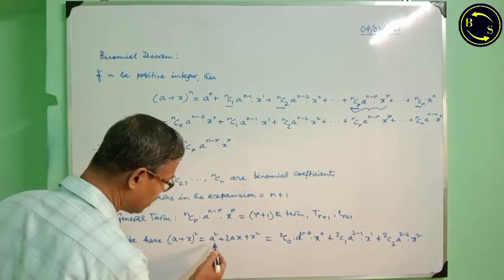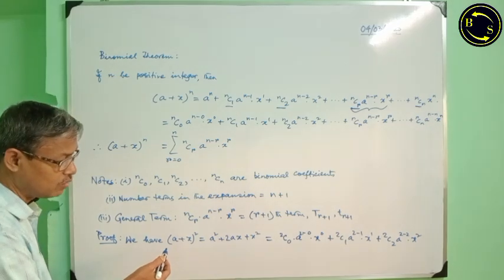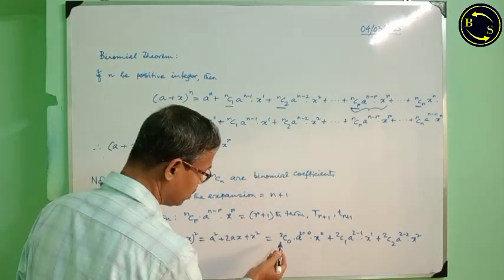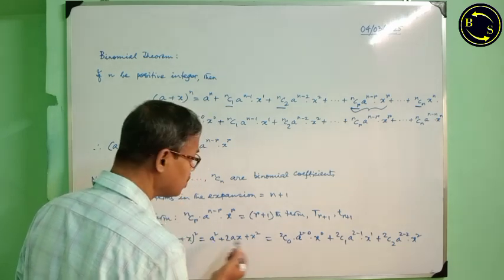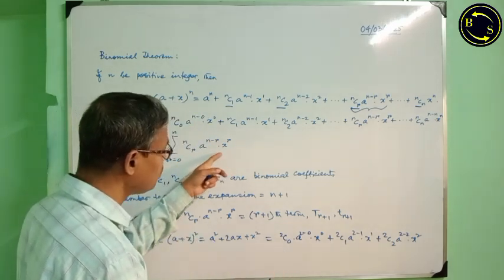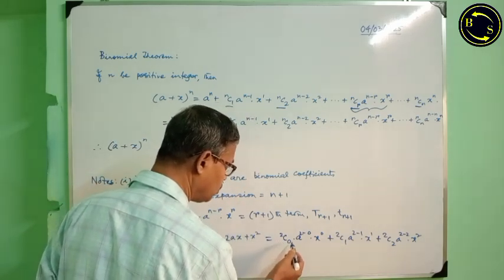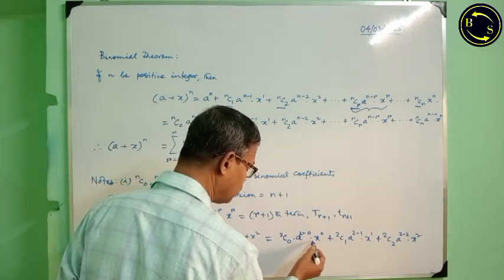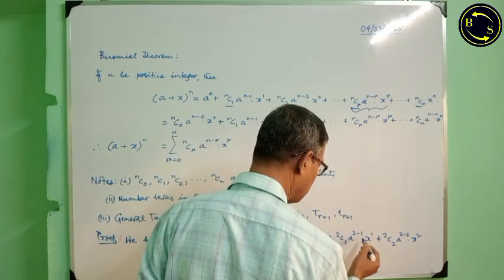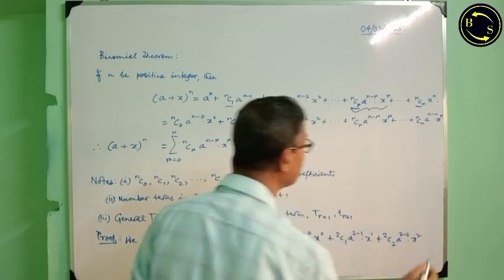We have learned earlier a plus x whole square is equal to a square plus 2ax plus x square. Now using 2c0, that is 1, keeping this general term in mind, we can write the expansion like this: 2c0 into a to the power 2 minus 0 into x to the power 0 plus 2c1 a to the power 2 minus 1 into x to the power 1 plus 2c2 a to the power 2 minus 2 into x square.